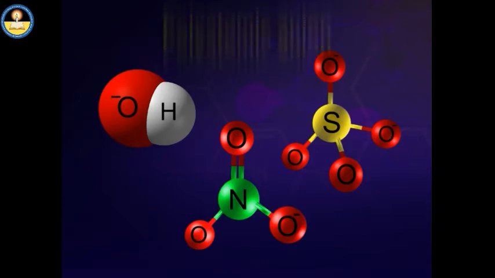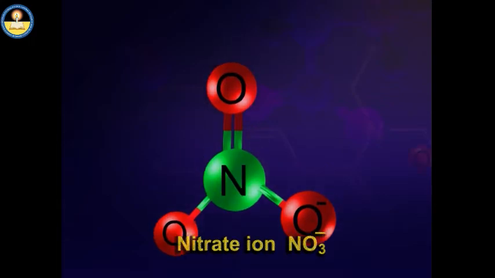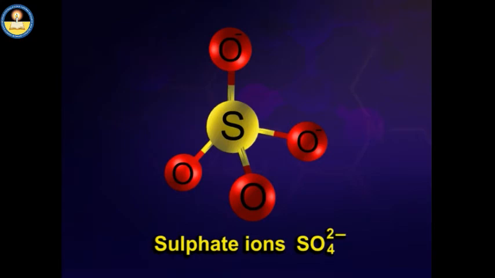For example, hydroxide ion, that is OH-, nitrate ion, that is NO3-, sulfate ions, that is SO4 2-, etc., are polyatomic anions.